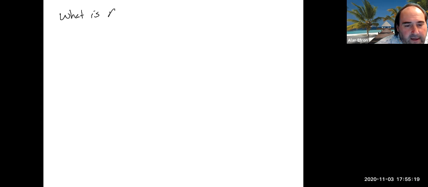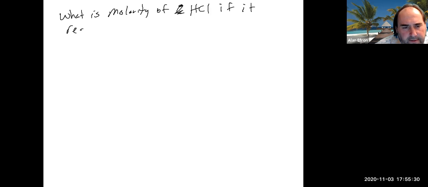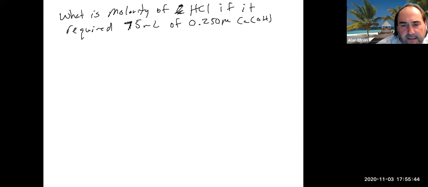What is the molarity of HCl if it required 75 milliliters of 0.25 molar calcium hydroxide to reach the equivalence point of a titration?